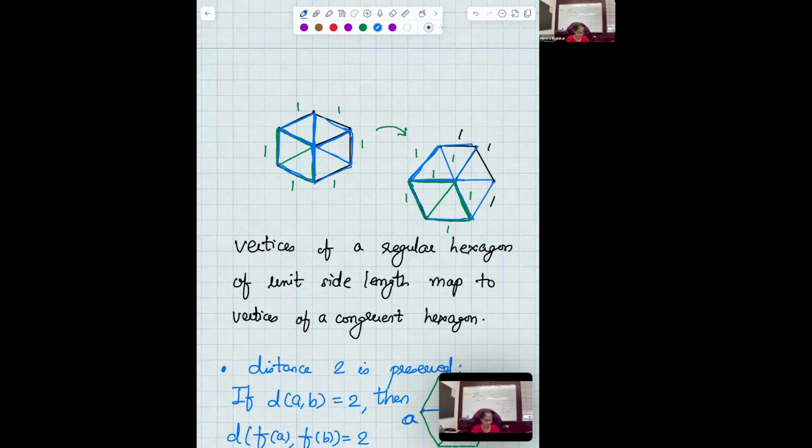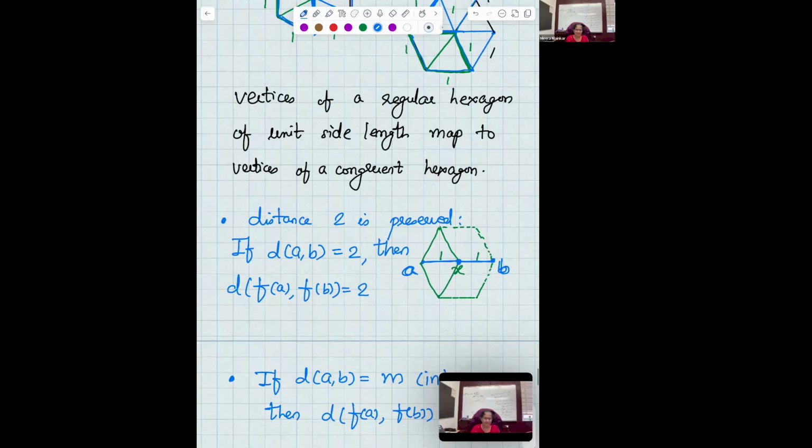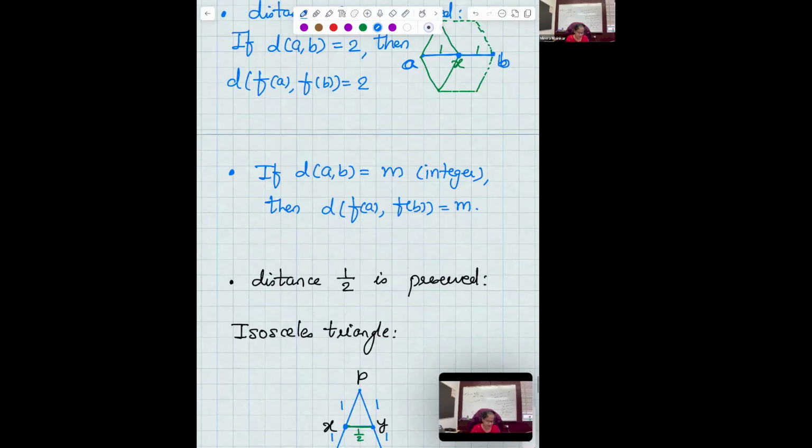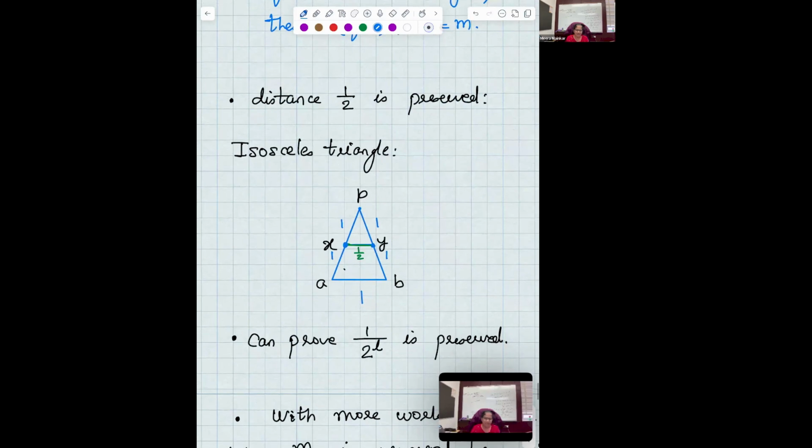And again, I'm going to step a little ahead, showing that distance 2 is preserved using these hexagons. And then finally, we can come a little smaller and say that distance 1/2 is preserved by using isosceles triangles, because you can put the isosceles triangle in this way, where these are preserved, and then one can show that distance 1/2 is preserved.